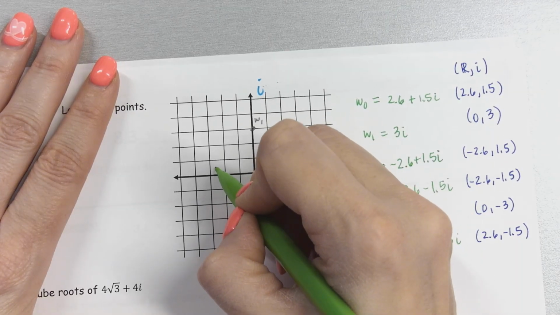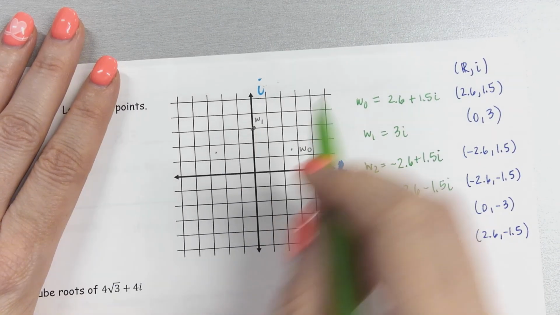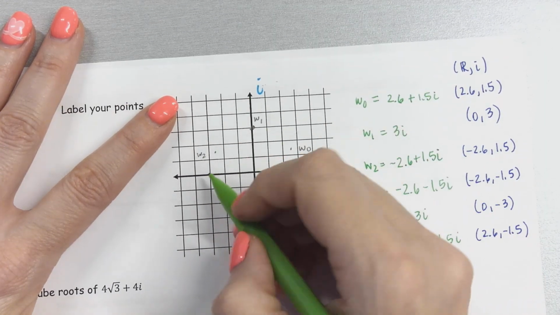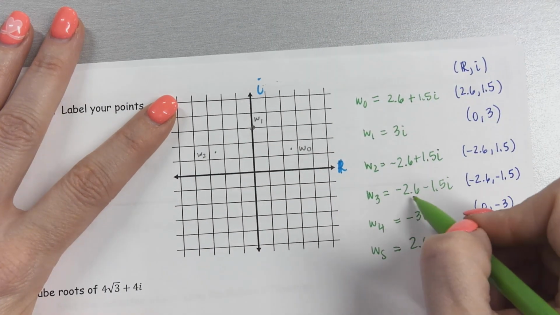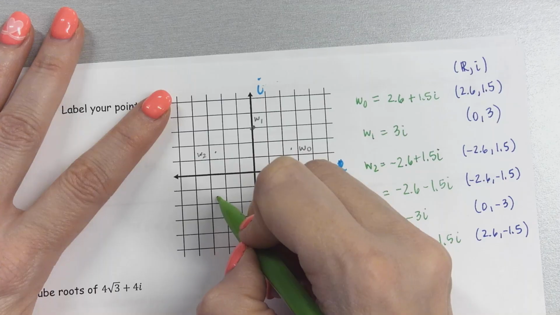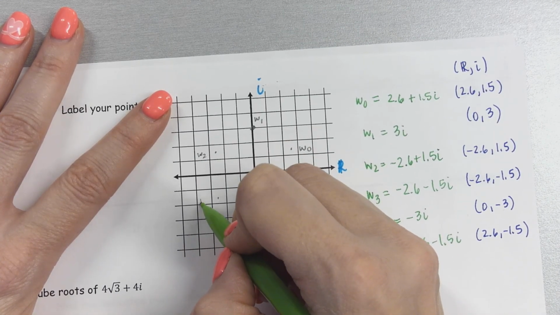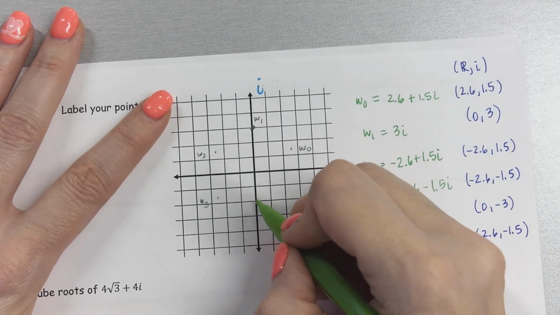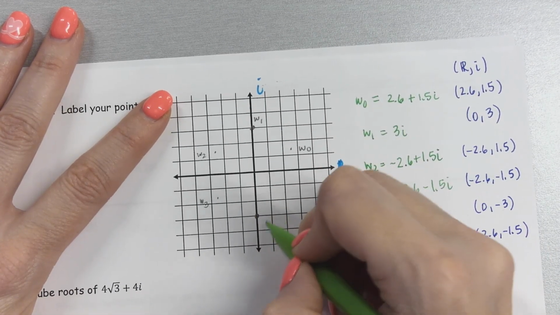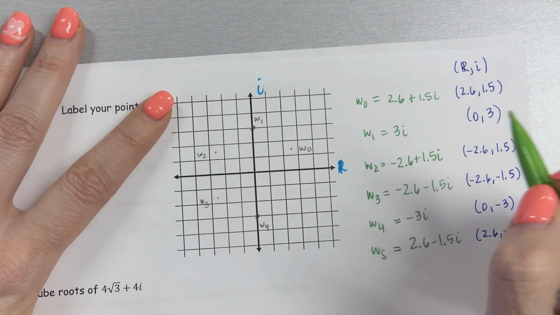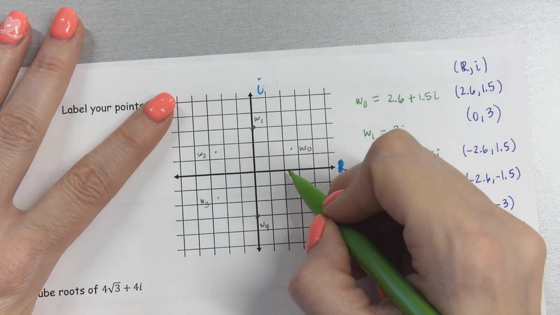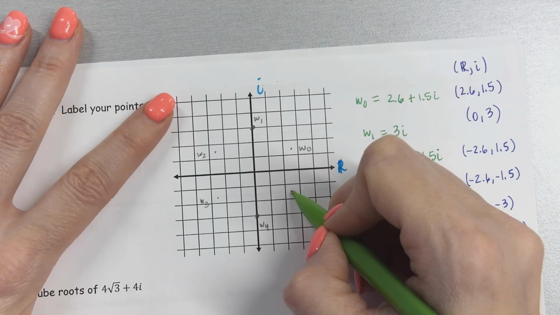Negative 2.6, 1.5. These are symmetric. So that should happen. And then you have negative 2.6 and negative 1.5. So these are symmetric. Okay, and then for W sub 5, you have the 2.6, 1.5.